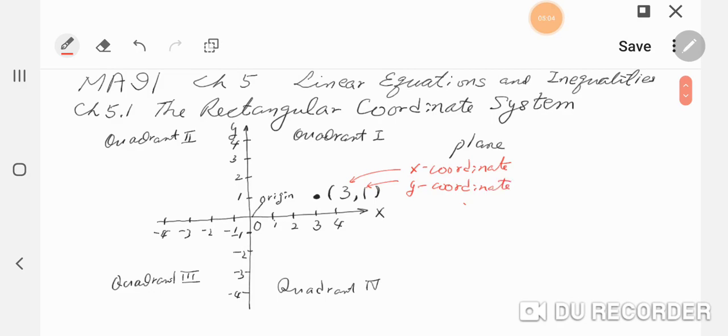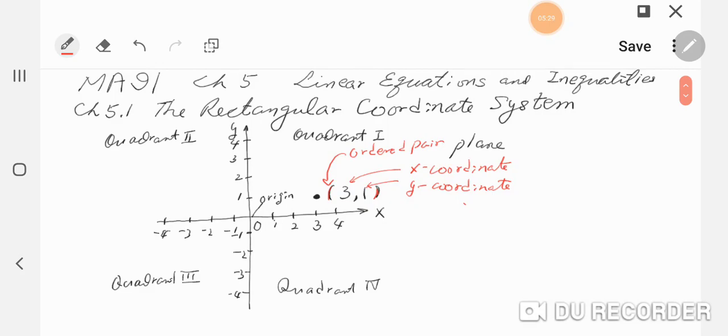So on a flat surface, there is a point, and each point must have its address. That address is called an ordered pair. We can write the address as an ordered pair, and this ordered pair has an x value and a y value.